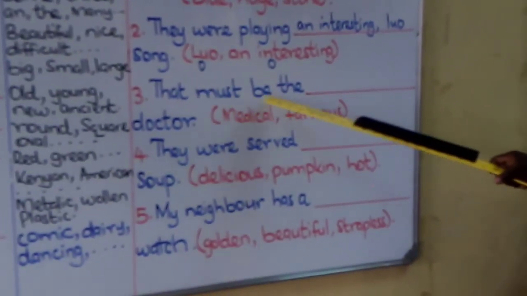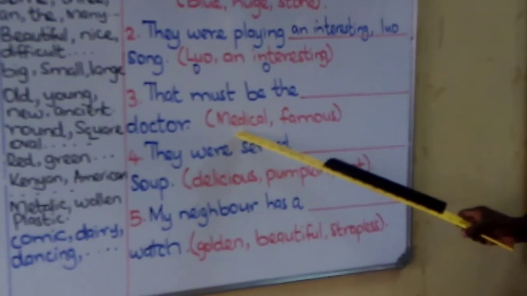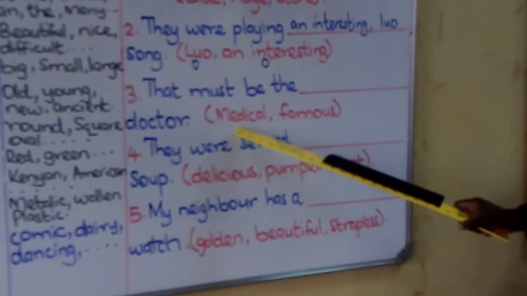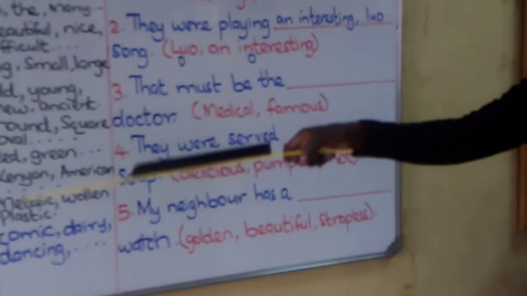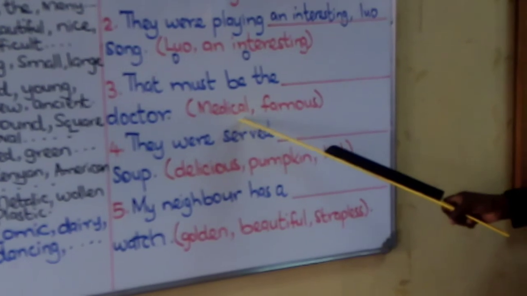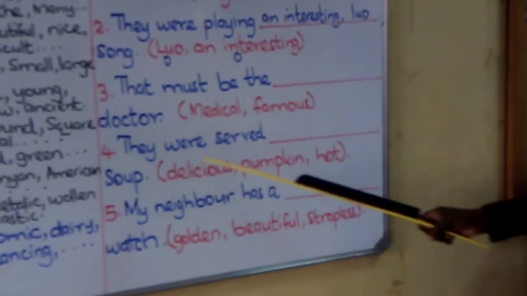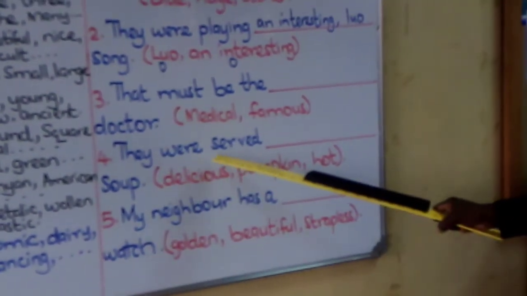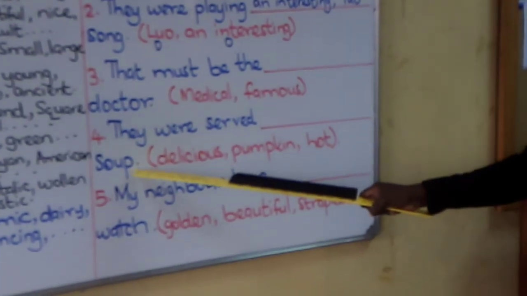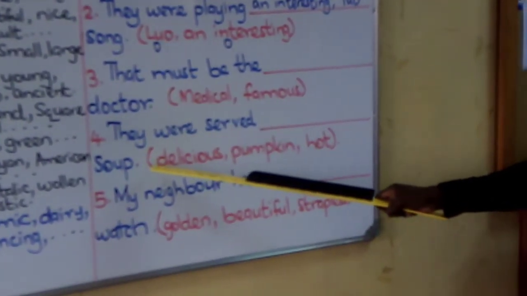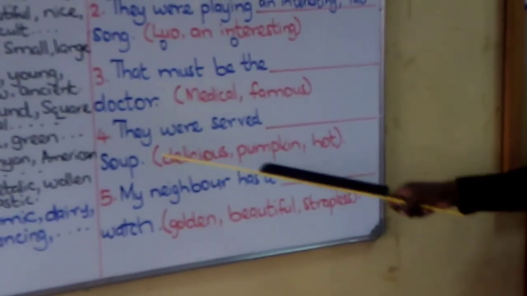Question 3: That must be the dash doctor. Again, we have 2 adjectives. Locate them in the order of adjectives and rearrange them appropriately and fill in the blank space. Question 4. They were served dash soup. I know some of you have begun to salivate, but it is not here. This is just a word.